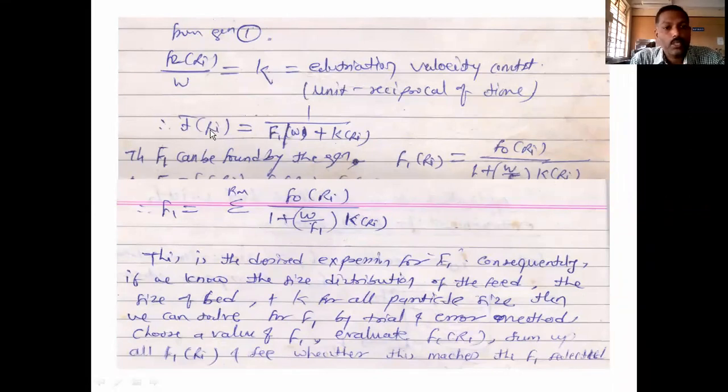So what is T bar? From this equation 1 we can write T bar Ri, which is equal to 1 upon F1 upon W plus K Ri.